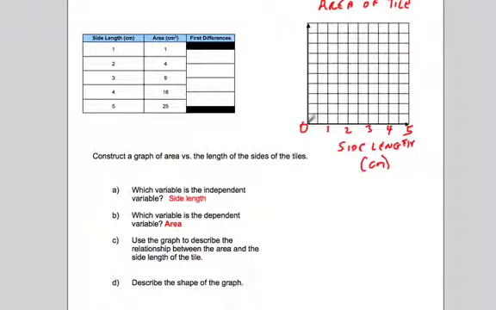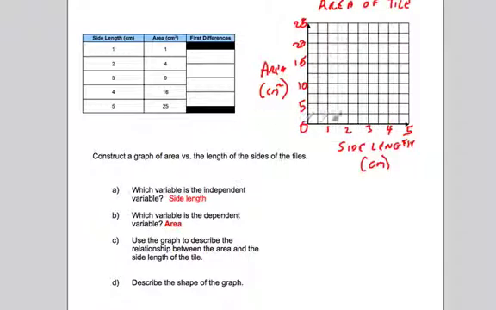And we've got to go from 0 up to 25. So we can go up by two and a halves. So every other one is 5. And this is our area, and that's in centimeters squared.